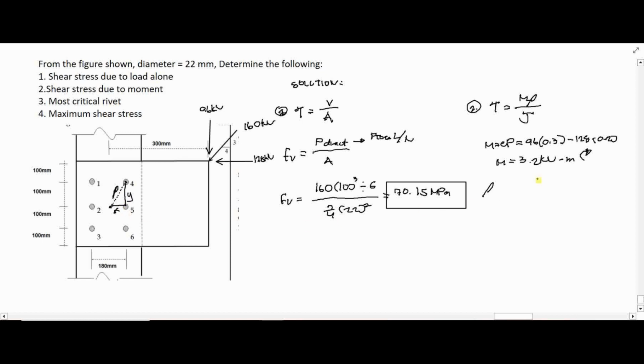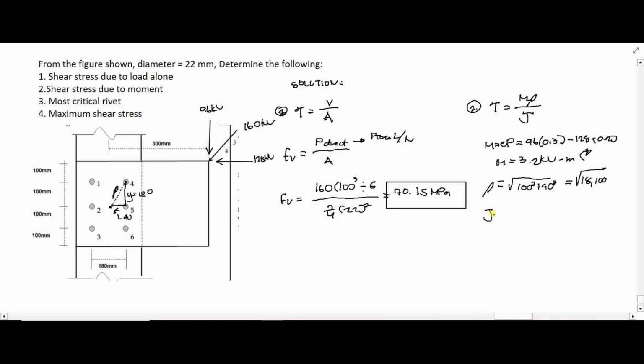The y is 100, and our x is 90. So our rho is the square root of 100 squared plus 90 squared, which is the square root of 18,100. Then we have J.